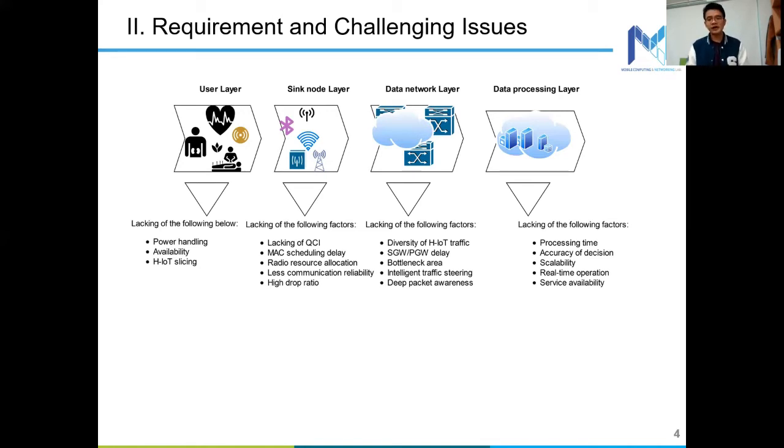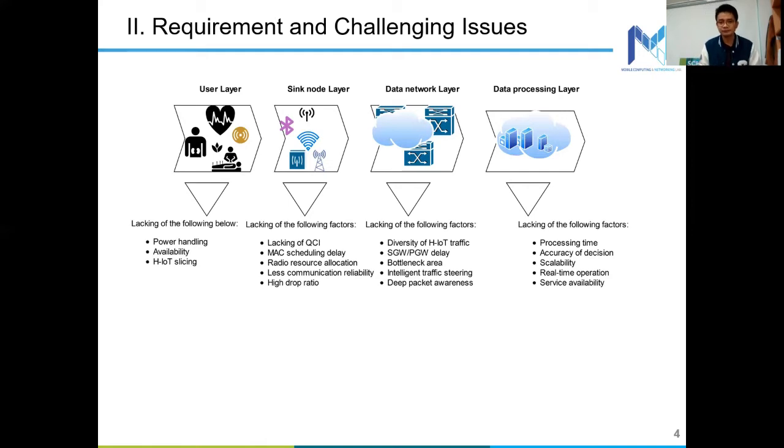The network layer will have to face a variety of communication traffic from the health Internet of Things. So in this layer it is required to provide intelligent traffic steering and deep packet awareness in order to identify the different levels of traffic, which have to be handled with different quality of service.